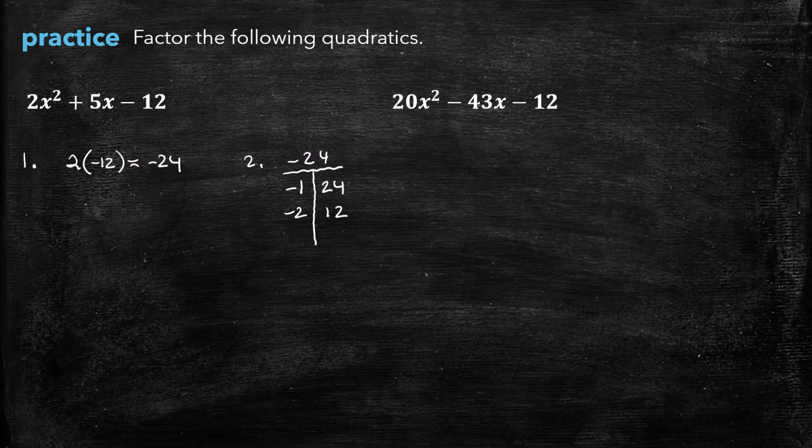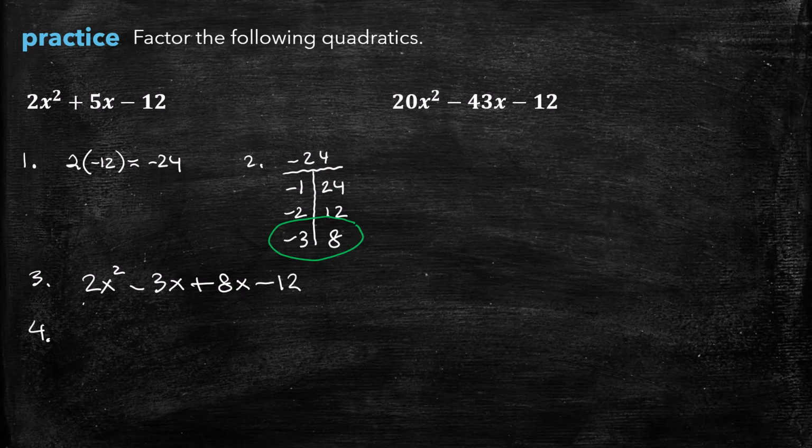But let me just make this. And if we get to negative 3 and 8, that combination works. So there's no need to go any further. And step 3 is to rewrite the middle term as the sum of these two terms. And it doesn't matter what order you do that in, but I'll just do it as negative 3x plus 8x. And don't forget that minus 12. And step 4 is to factor by grouping.